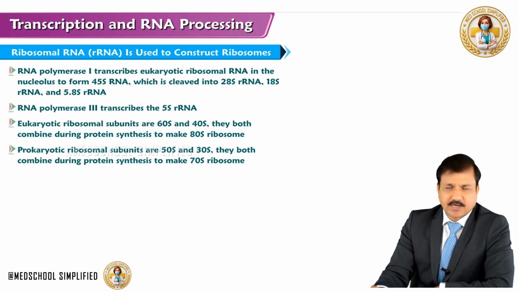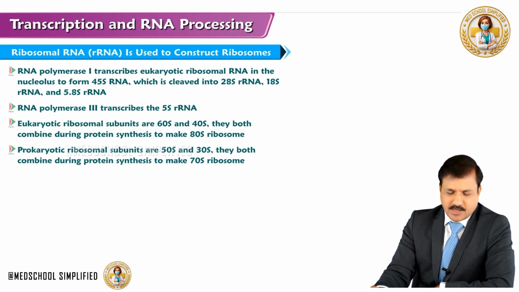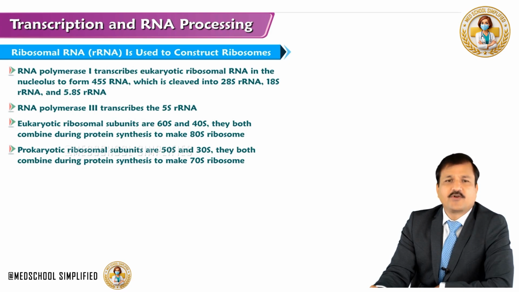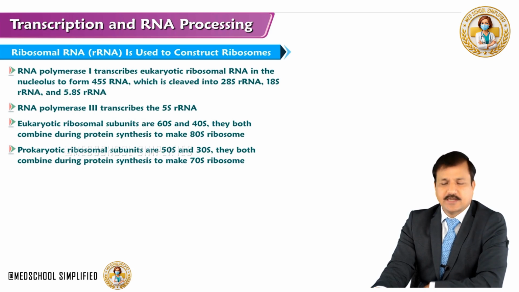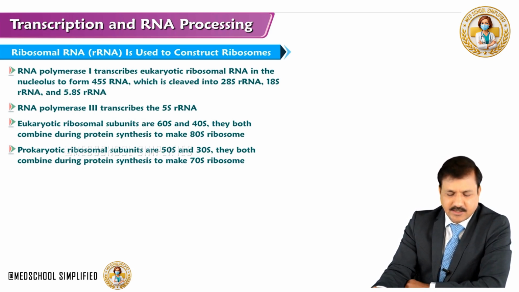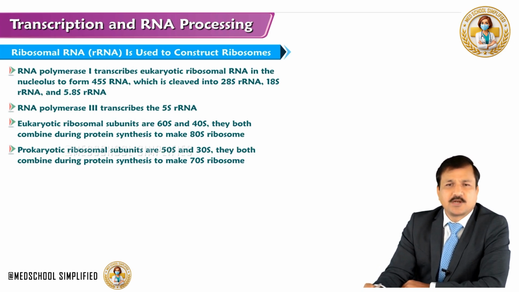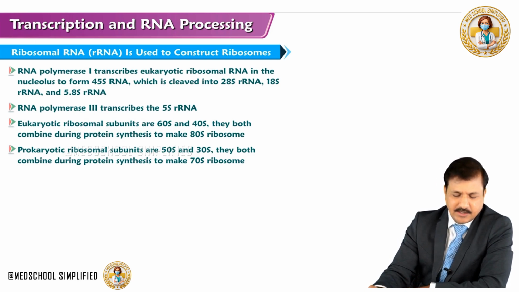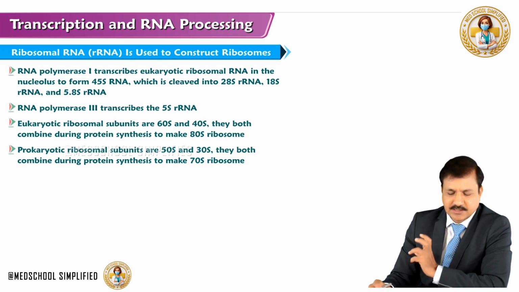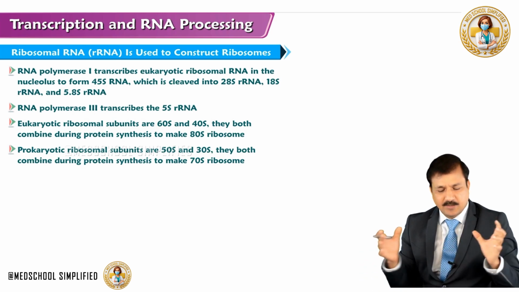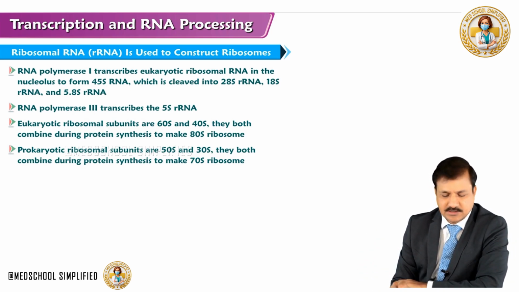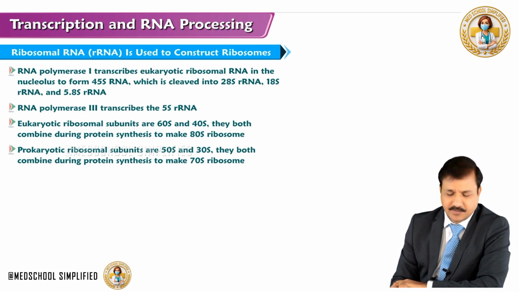RNA polymerase 1 transcribes eukaryotic ribosomal RNA in the nucleolus to form 45S RNA, which is cleaved into 28S rRNA, 18S rRNA and 5.8S rRNA. RNA polymerase 3 transcribes the 5S ribosomal RNA separately, and the eukaryotic ribosomal subunits are 60S and 40S, and they combine during protein synthesis to make an 80S ribosome.